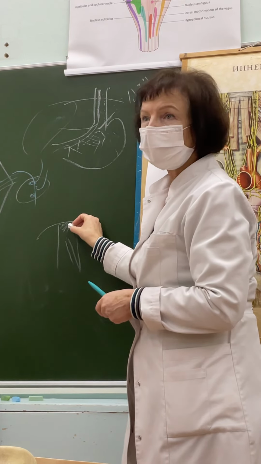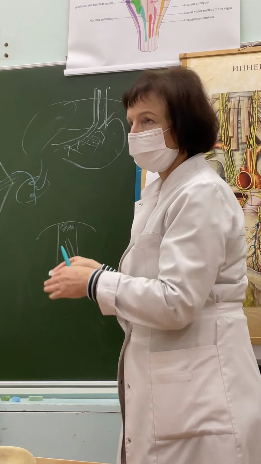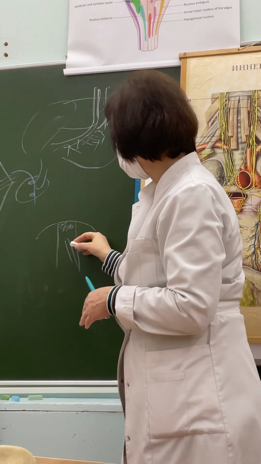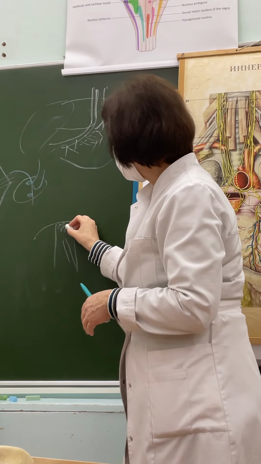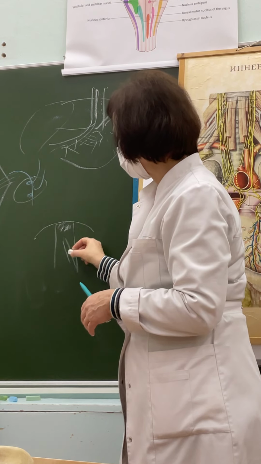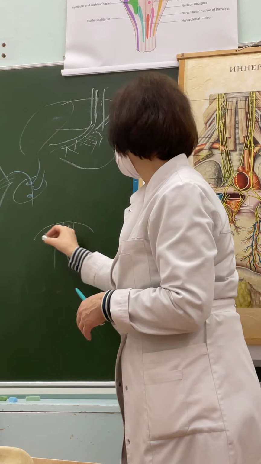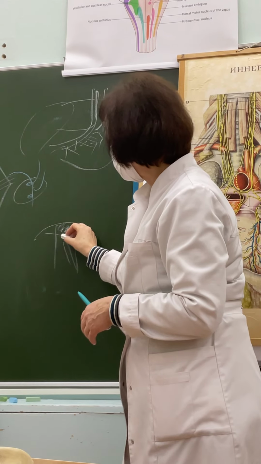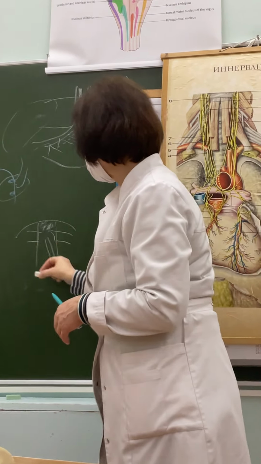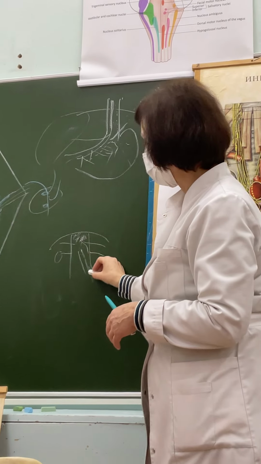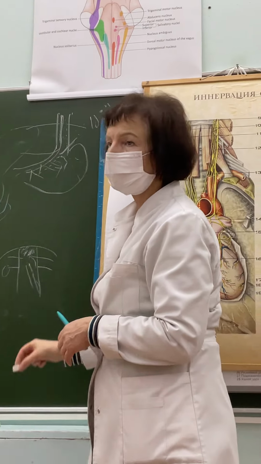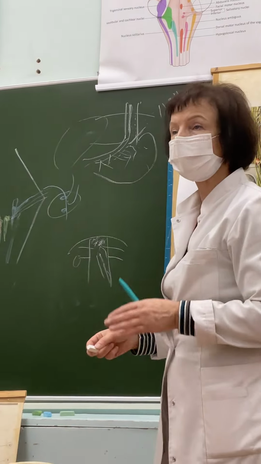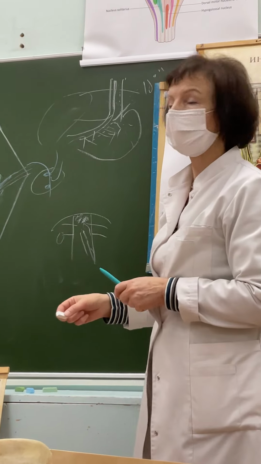From here, these parasympathetic fibers will run along the branches of the celiac trunk to the liver, pancreas, and spleen, then to the renal arteries to reach the kidneys, then along the superior mesenteric artery to reach all organs supplied by the superior mesenteric artery.